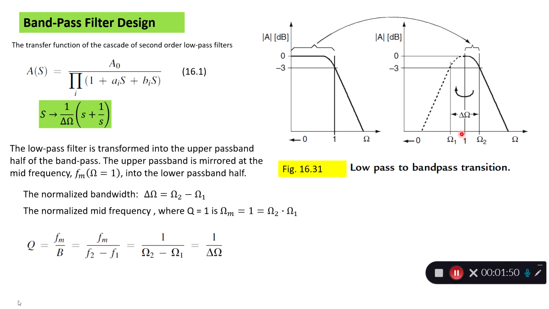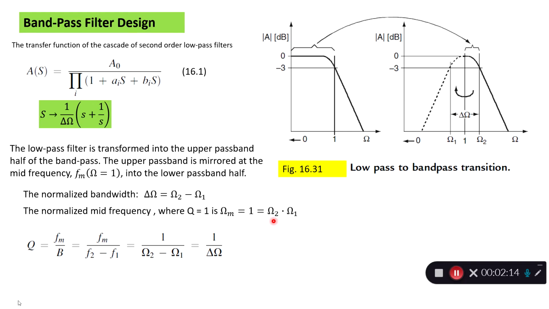We can see it here. And we have the normalized mid frequency where we have a Q of 1.